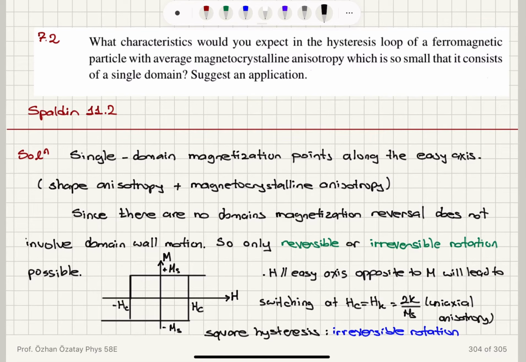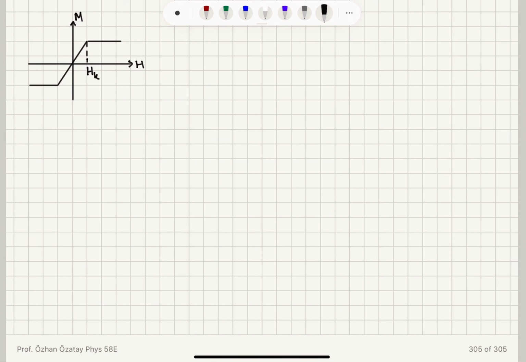Okay, so when do we have reversible rotation of magnetization? If the magnetic field is applied along the hard axis, if H points along the hard axis, there will be no hysteresis and we will have reversible rotation.